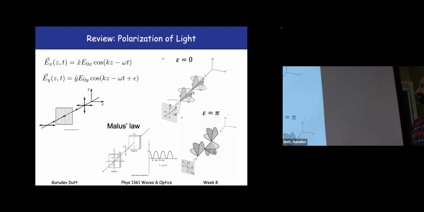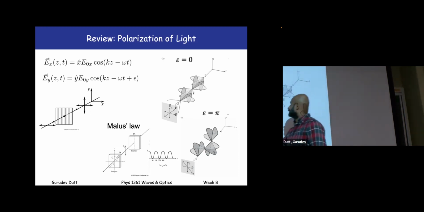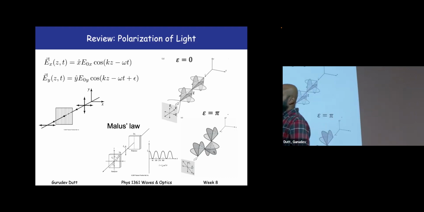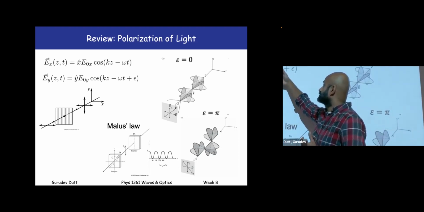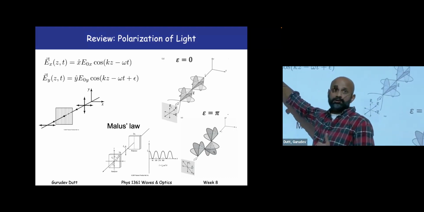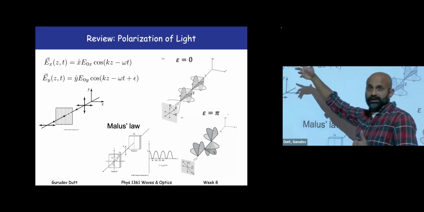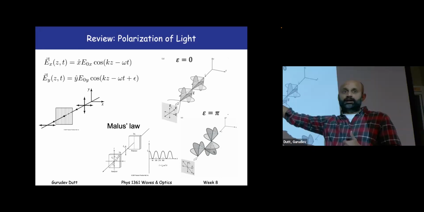So just to quickly review, in the last class, we talked about polarization. Remember that for an electromagnetic wave, in addition to the wavelength, which governs the k, 2 pi over lambda, and frequency, which is omega, 2 pi f, we also have the amplitudes, E0x and E0y, along the x and y directions, meaning that we are taking into account the vector nature of the light.